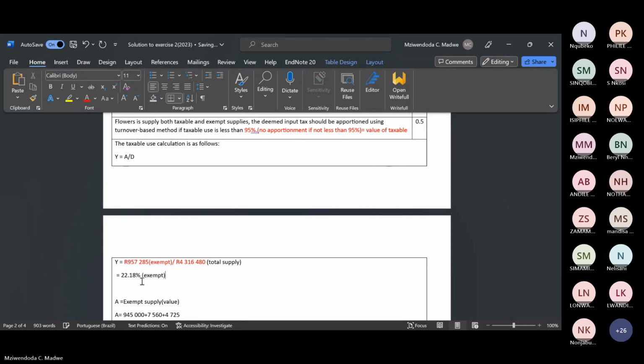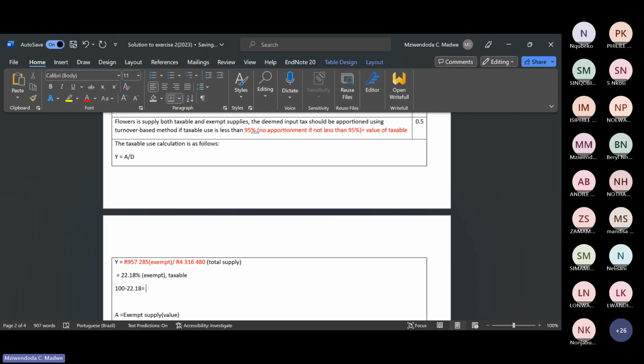We want taxable, not exempt. So it's 100%, which is our total supply, minus 22.18.